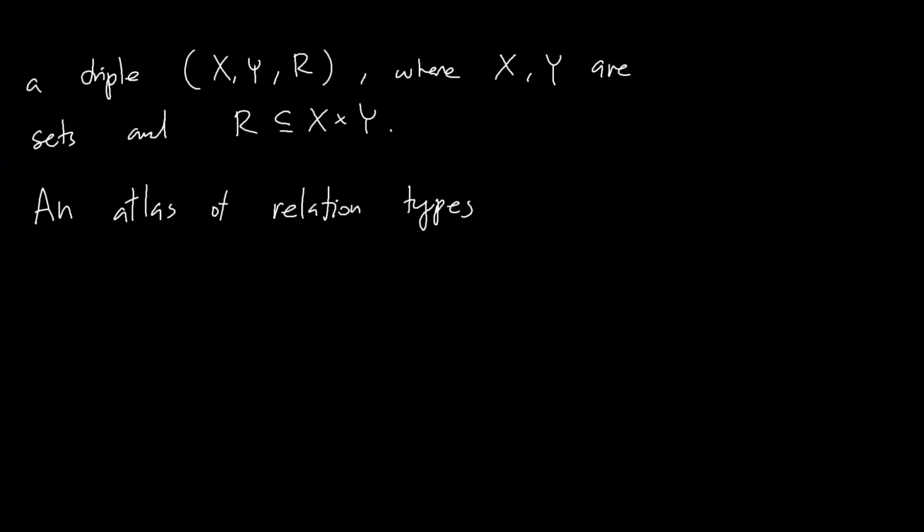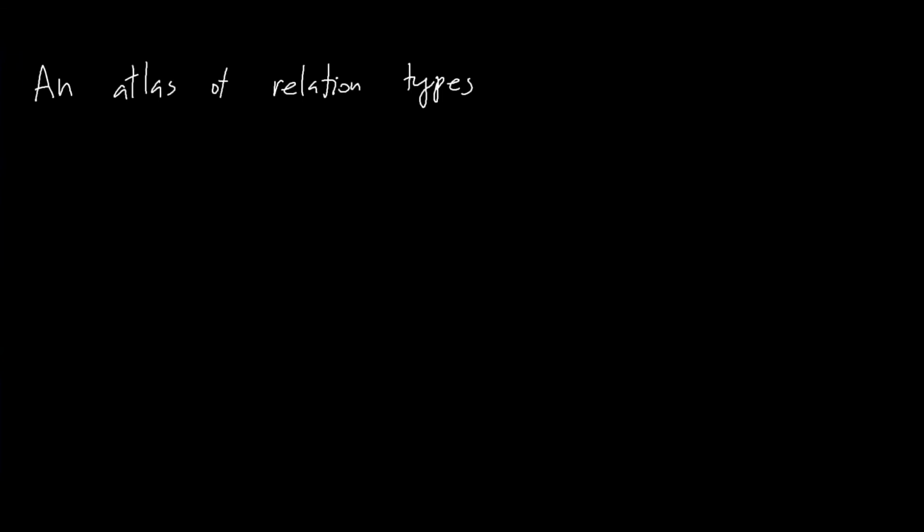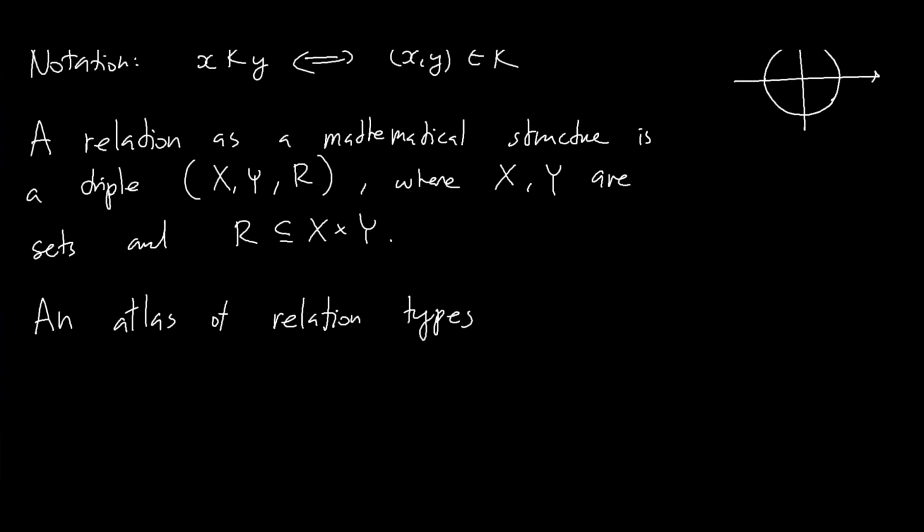So let's call this an atlas of relation types. Okay, first maybe let's actually fix terminology. When we are given a triple like this, we don't call only the R part the relation, we call the whole thing a relation.